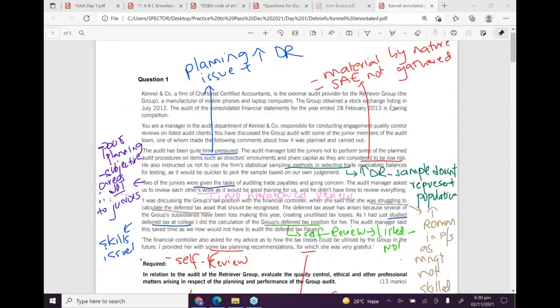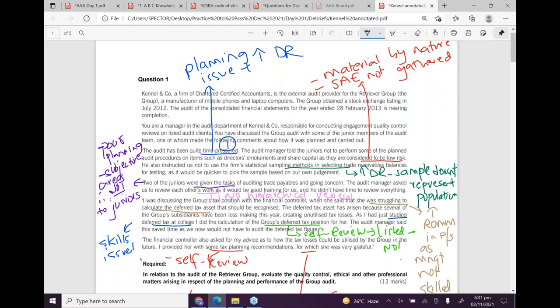So I'm changing my screen and it's visible now. Okay. So the first time when I was reading the question, I would be using the highlighting tool to highlight my actual answers. Starting off with the very first point, which was the audit has been quite time pressured.